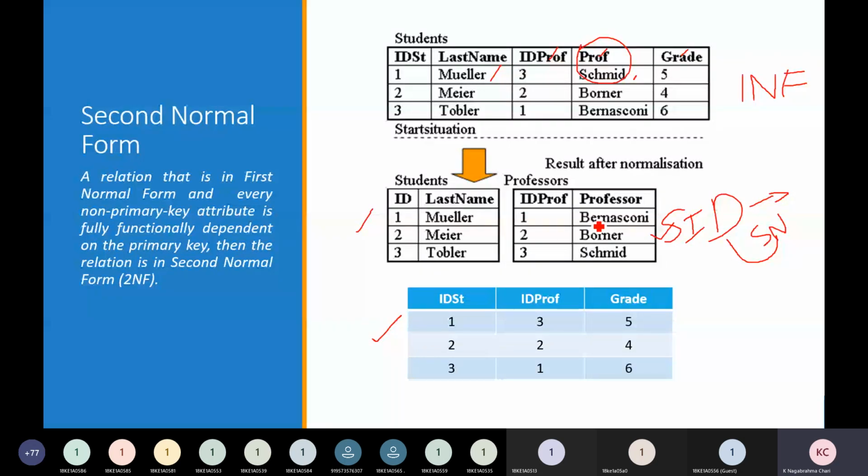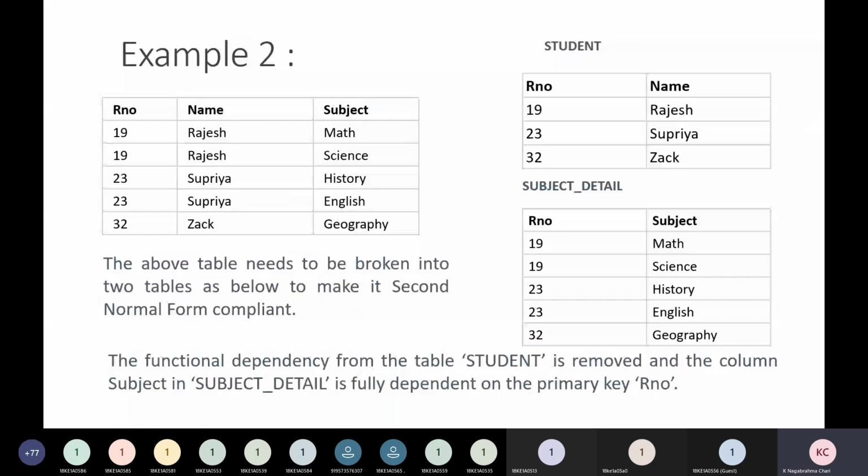Now see here, one more example. Here you can see, this table is only for you to understand. Okay, so here we consider a table student with roll number, name, subject.